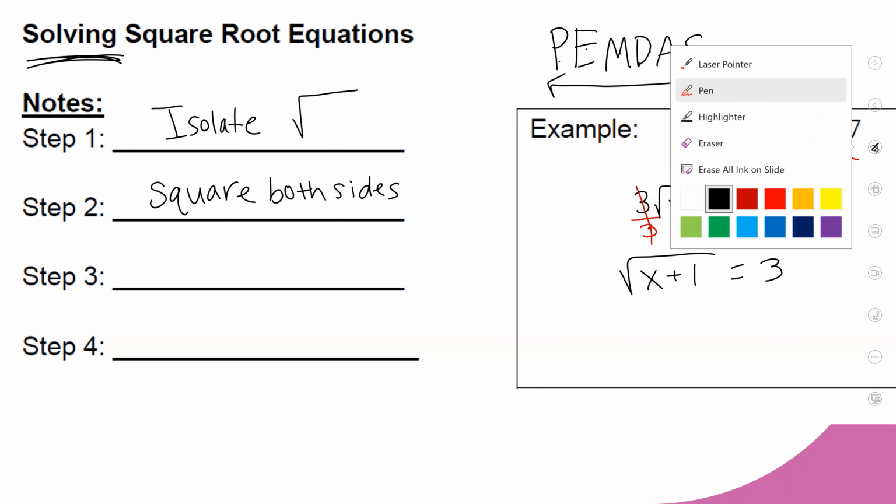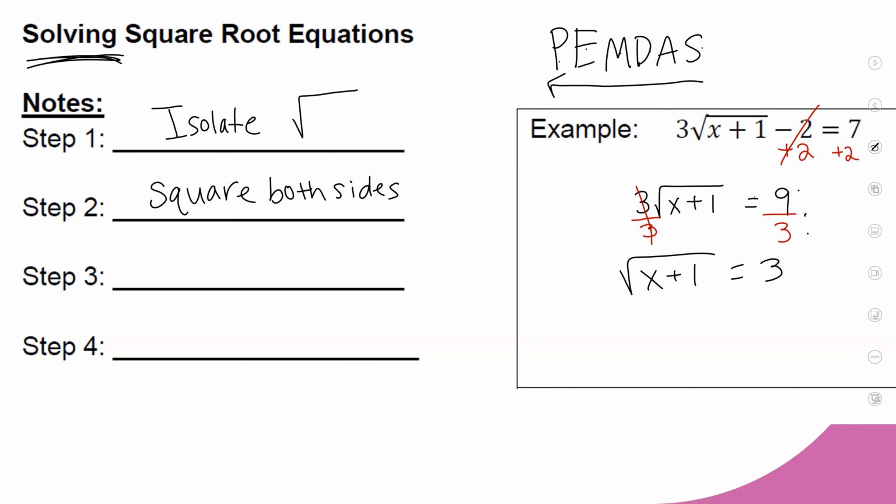And what that looks like is I'm going to square this side and square this side. The reason why we do this is because a square root cancels out with the squared. And we got rid of the square root symbol.